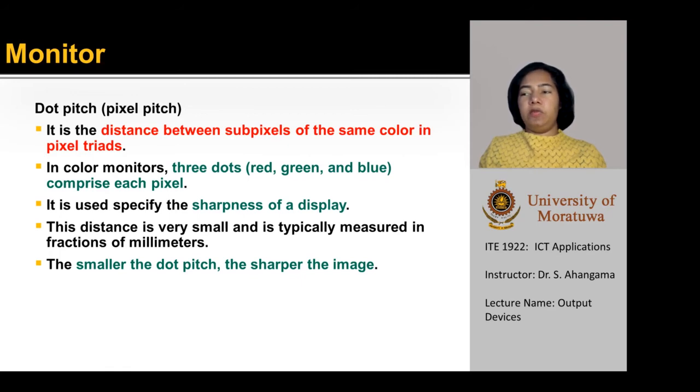Most LCD displays have a dot pitch between 0.2 and 0.28 millimeters. Some high-end displays used for scientific or medical purposes have a dot pitch as low as 0.15 millimeters.